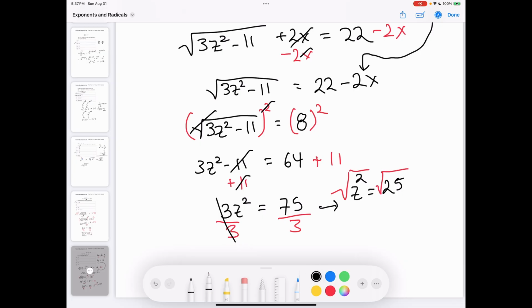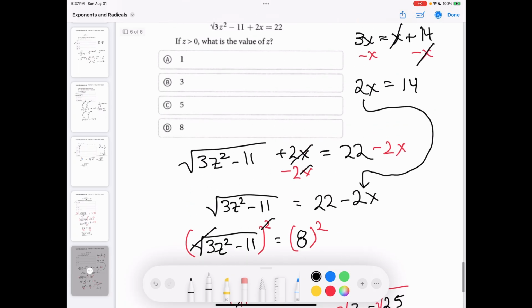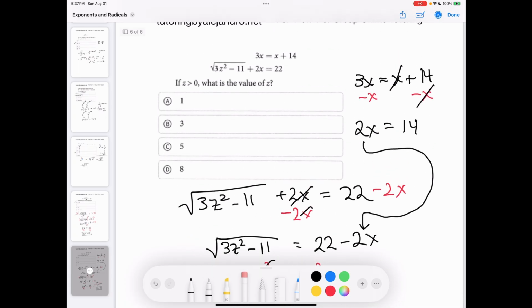That will get rid of the square term on the left, which means I'm left with z equals the square root of 25. The square root of 25 is which number multiplied by itself gives me 25, which is 5. So z is equal to 5, and that means our answer here is C, 5.